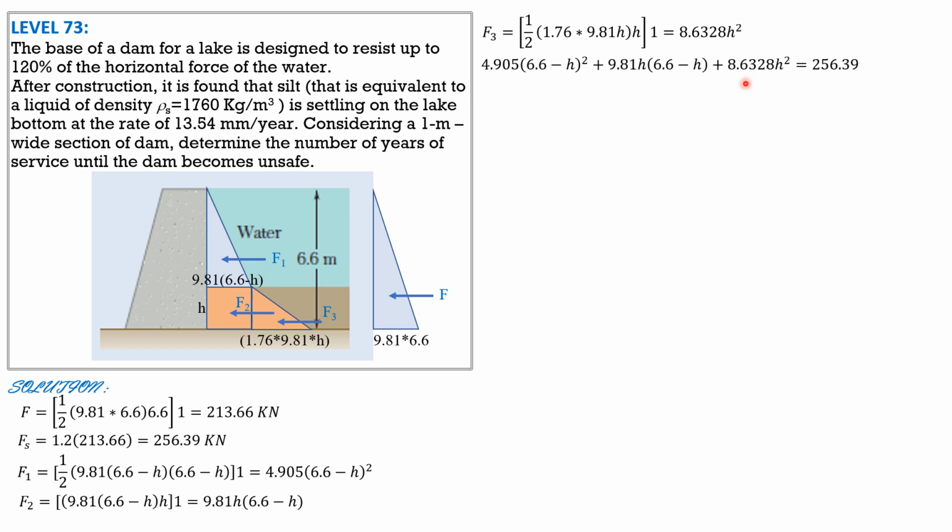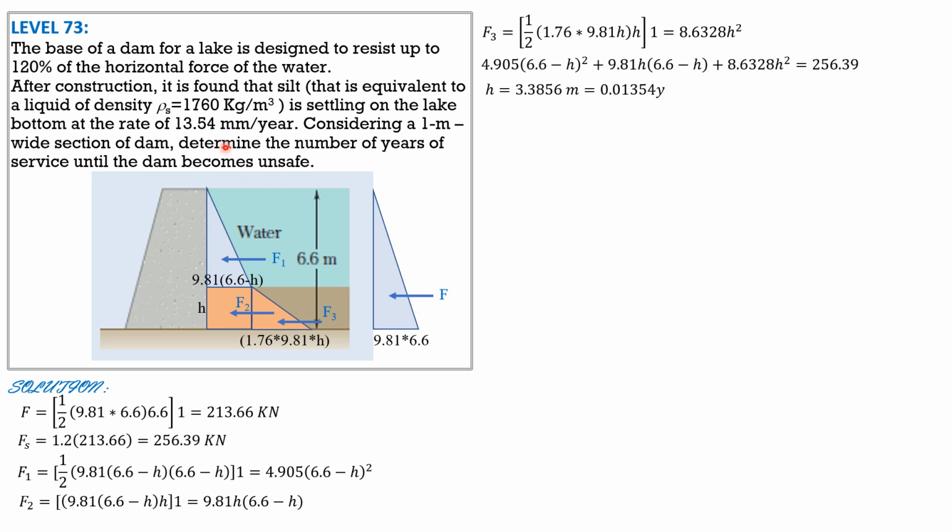If we simplify this, it leads to a quadratic equation, then solve for H. But with a calculator, we can solve for H directly, and H is 3.3856 meters. So that's the thickness of the silt beyond which it will no longer be safe.